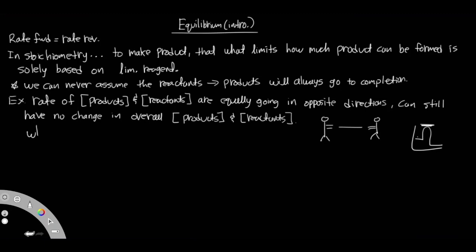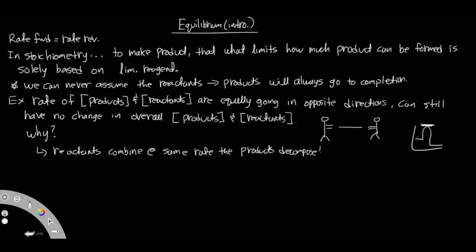Now, why is this the case? Because reactants can combine at the same rate the products decompose. Once you hit that threshold, like I talked about, it's going to happen at the same rate. This is why this definition here for equilibrium is very important.